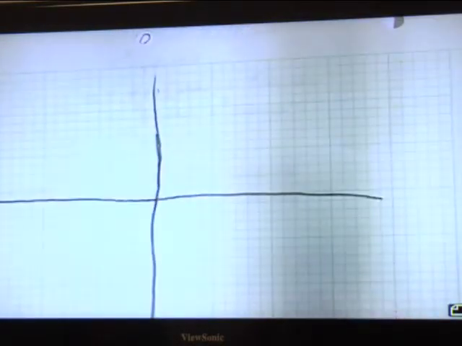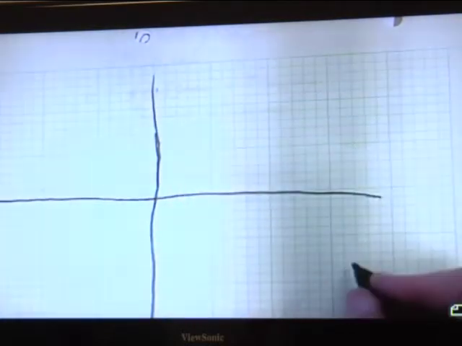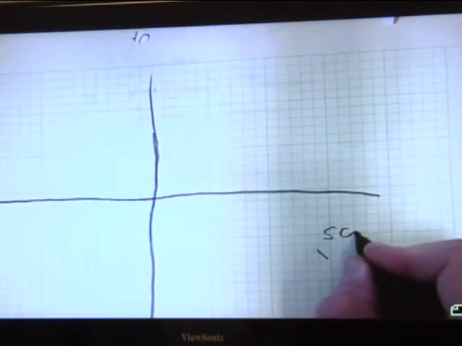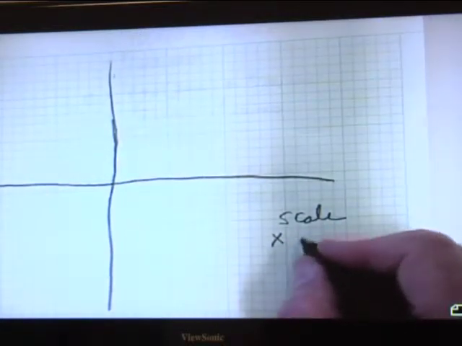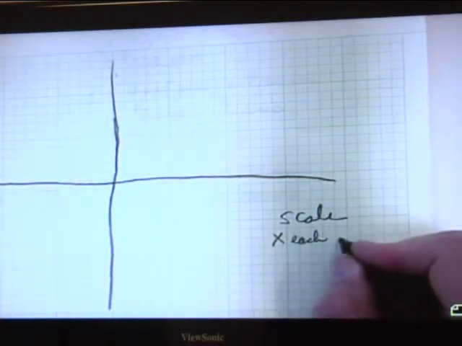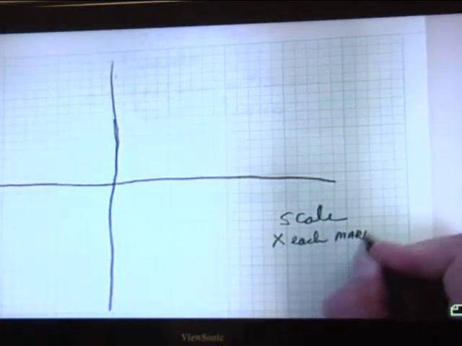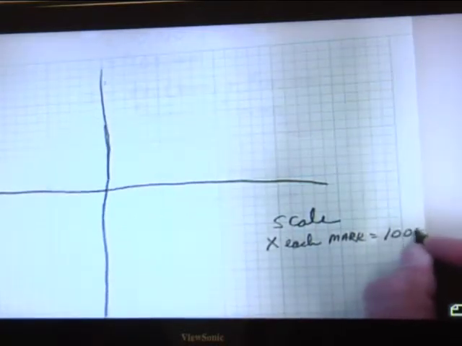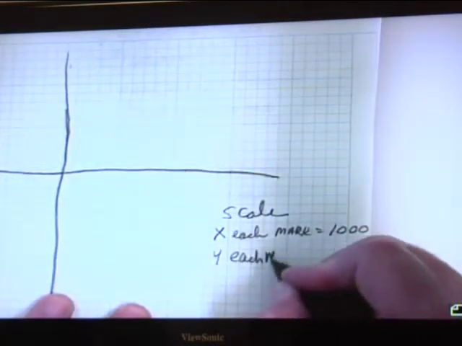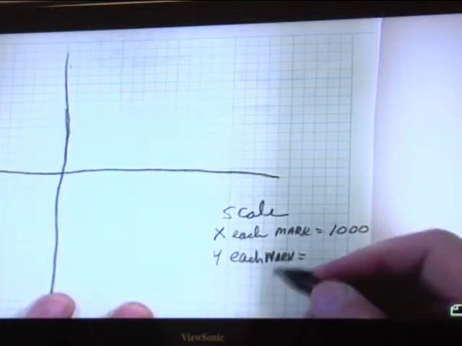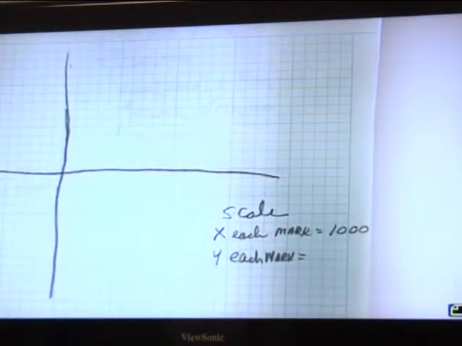On our x-axis, I'll write the scale here: each mark equals 1,000. And on our y-axis, each mark will equal 40,000.